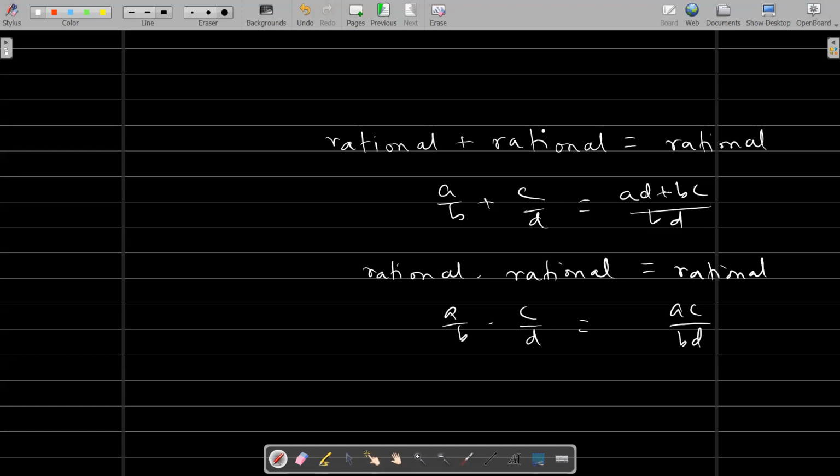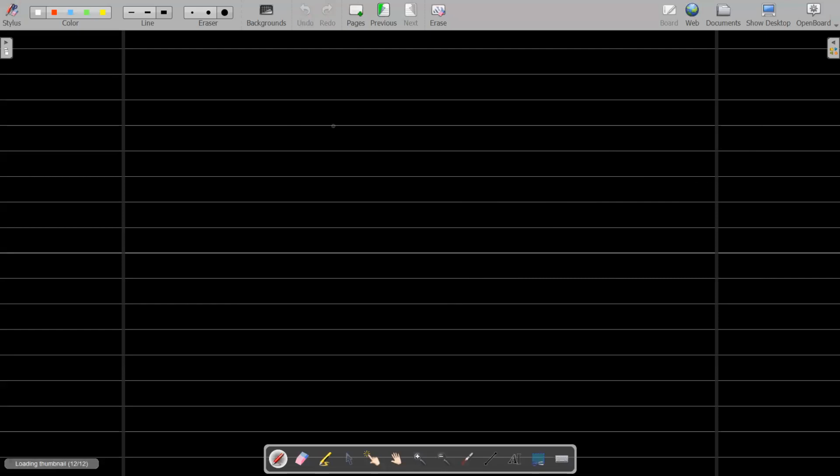The question is on the same lines. What happens with irrational numbers? If I add two irrationals, irrational plus irrational, is it always irrational? Not necessarily, sir. Let's take root 2 plus (2 minus root 2).